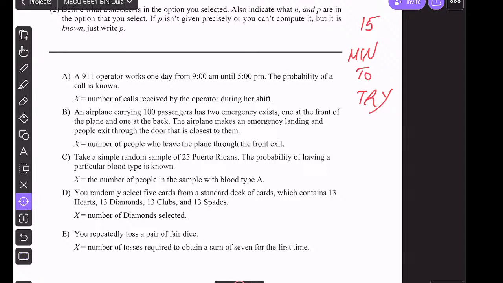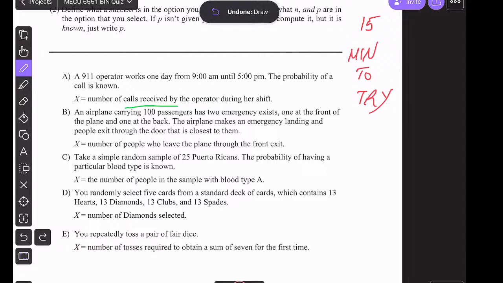So, a 911 operator works one day from 9 a.m. until 5. The probability of a call is known. X is the number of calls received by the operator during her shift. So, looking at this alternative, X is the number of calls received by the operator during her shift.